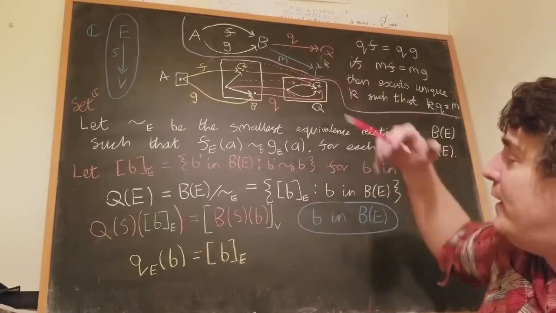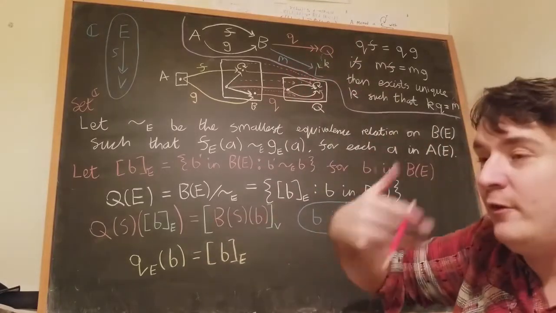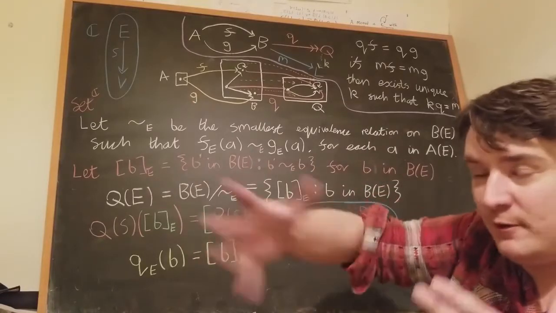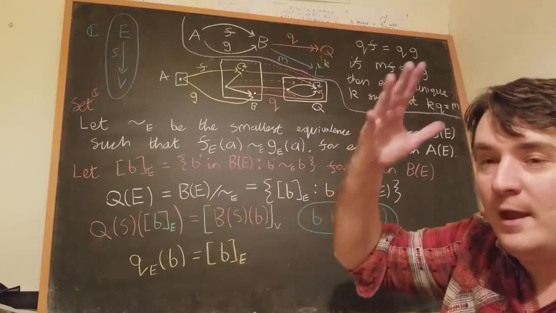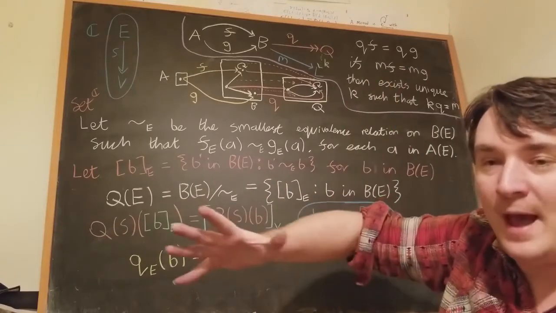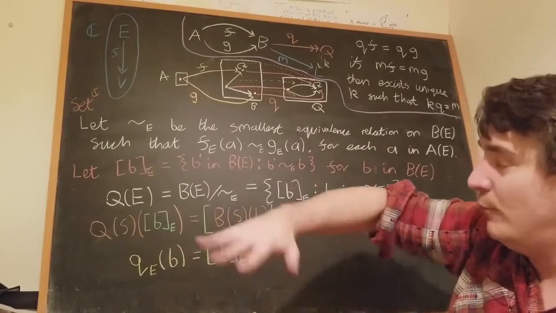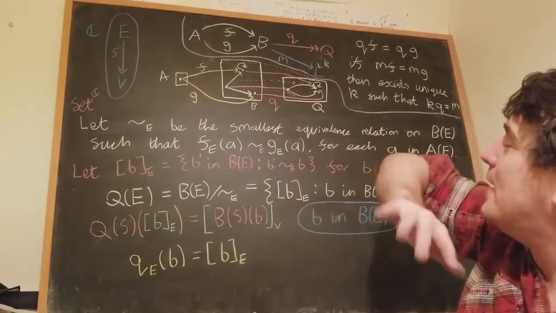This, again, is pretty much the same as the description of co-equalizers in the category of sets, but done with several components, if you like.